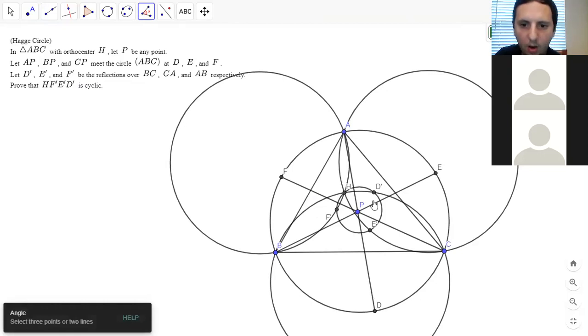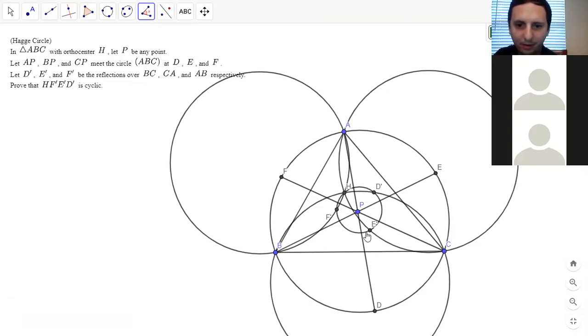Angle DEF. Oh, I think I did E. Sorry, I think you're right. Yes, I was comparing two different angles. My bad. Yeah, those are the same.